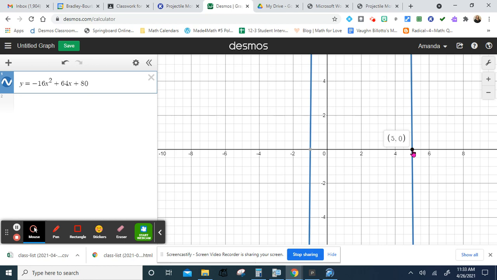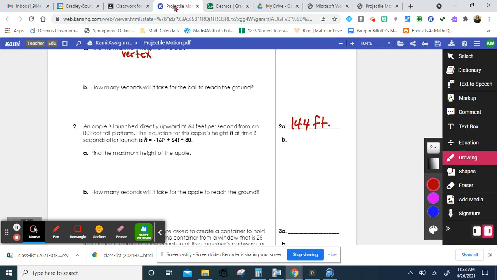On the test, you will just have the answers. There's a way to work it out mathematically, right?